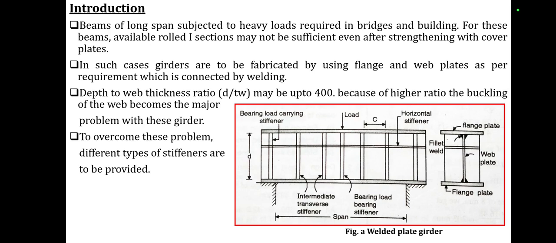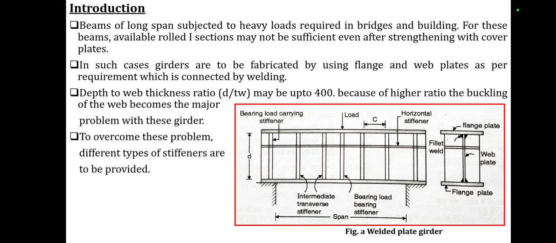So in the introduction, let us study what is meant by a welded plate girder. When a beam of long span is subjected to heavy loading in required bridges and buildings, for those beams the available rolled steel sections are not sufficient even after strengthening with cover plates.